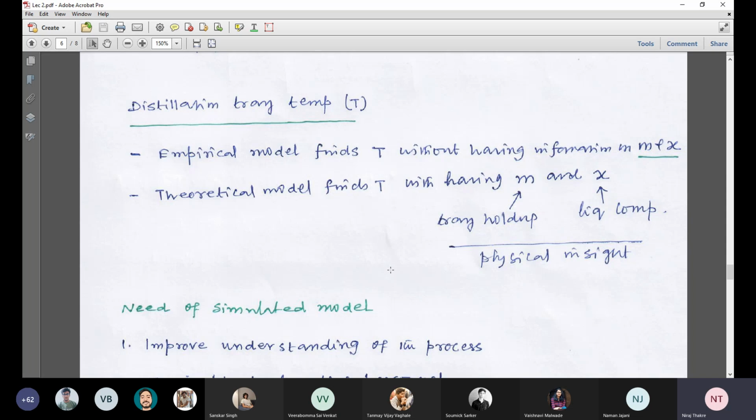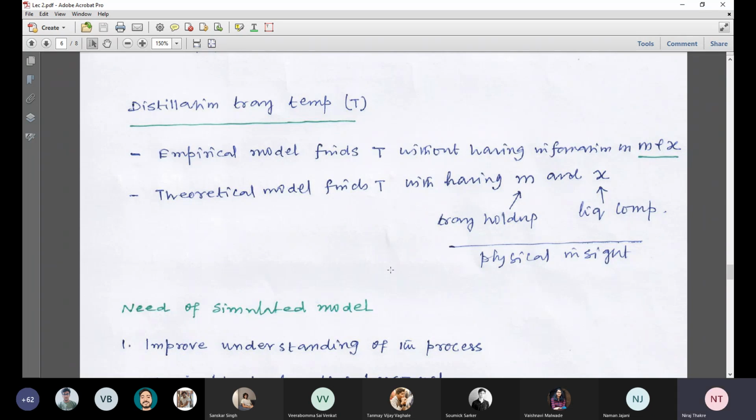It's not possible, because cost is also involved there. So we cannot perform experiments in all conditions. What we usually do is perform the experiment for a certain condition. We develop the model and then we validate our model with those experimental data.